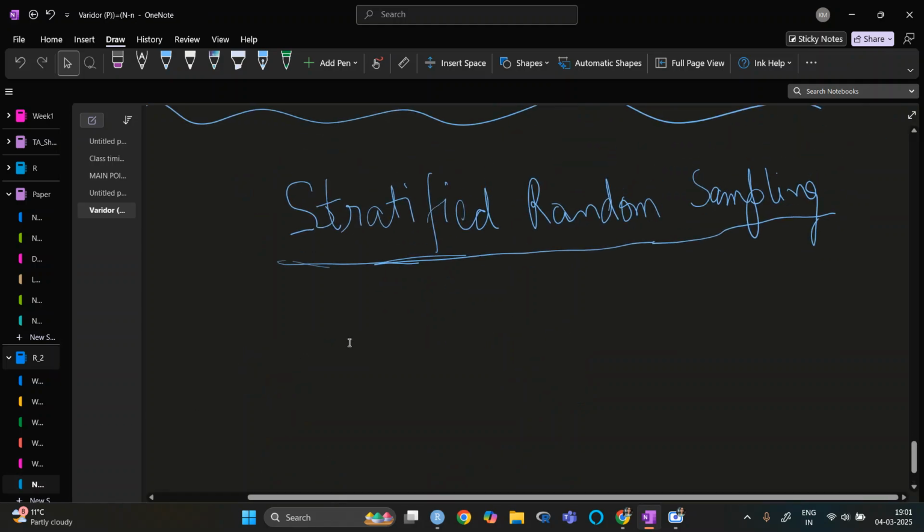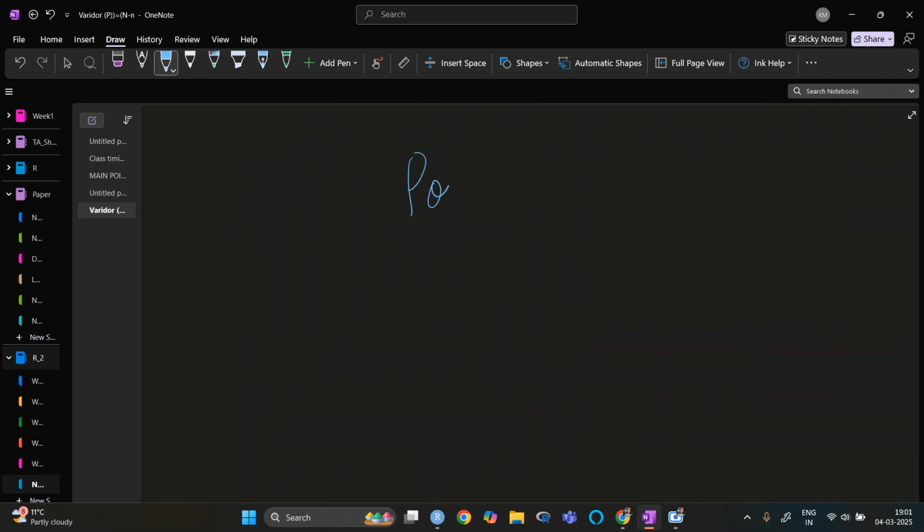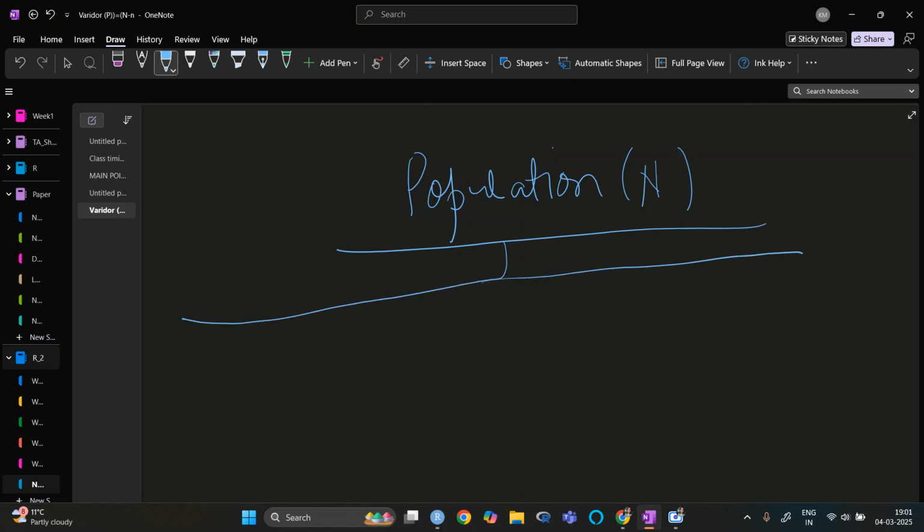So in stratified sampling, what happens is that, let's say I have a population n, and it is divided into parts of size n1, n2, n3, up to nk, let's say.